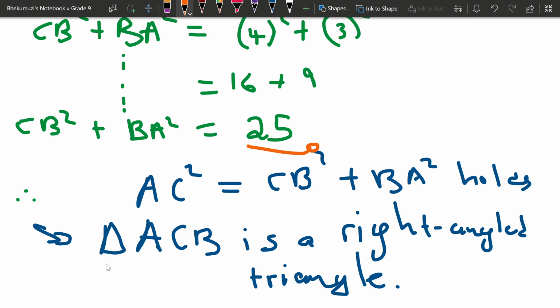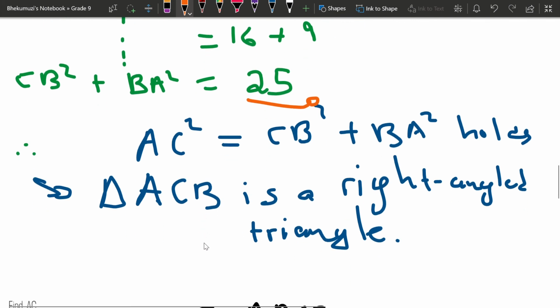Therefore, that means the triangle ACB is a right-angled triangle. And that is your proof. Therefore, now you have shown without a doubt, with evidence, that in actual fact, this is a right-angled triangle.